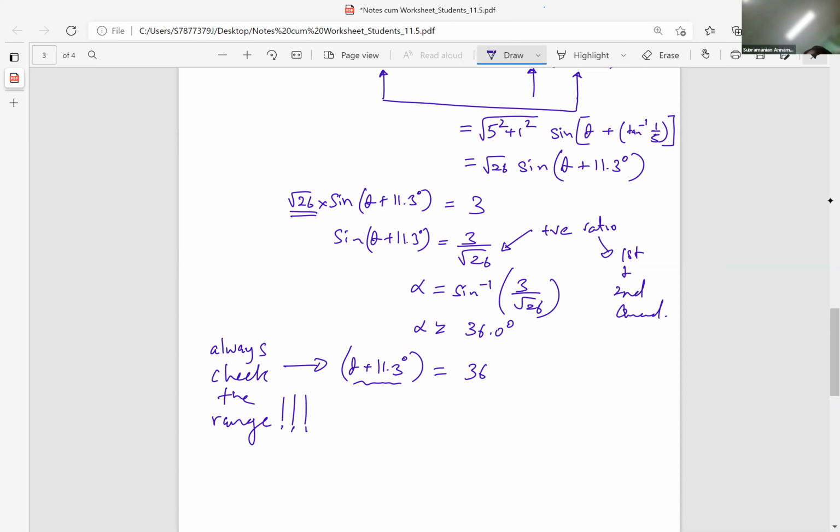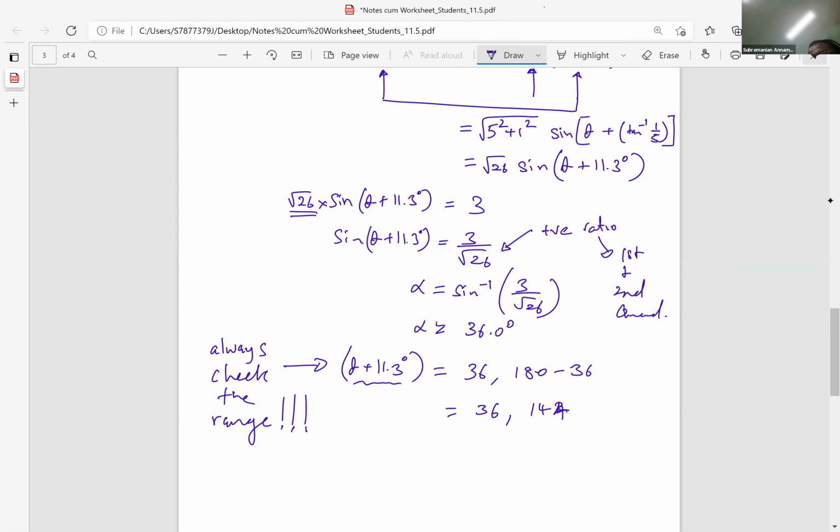So you have your first and second. This is the first one, and the second one is 180 minus 36. So you get 36 and 143.96, so it's 144.